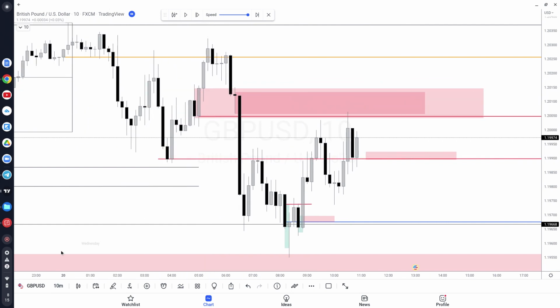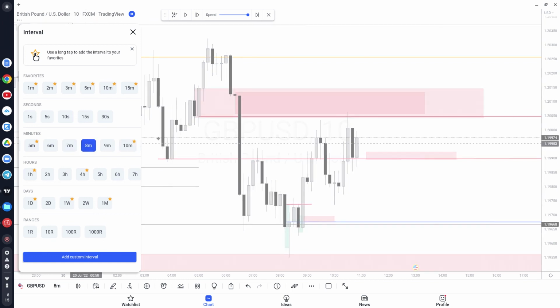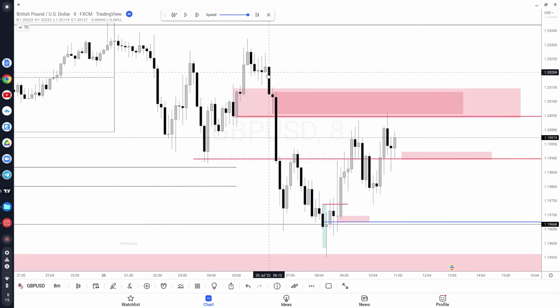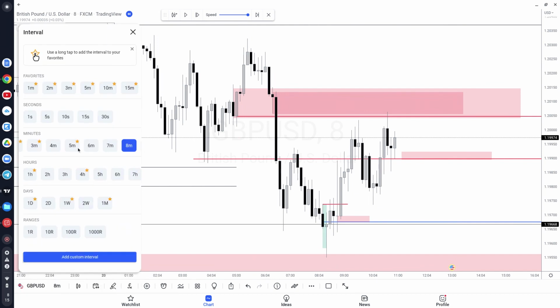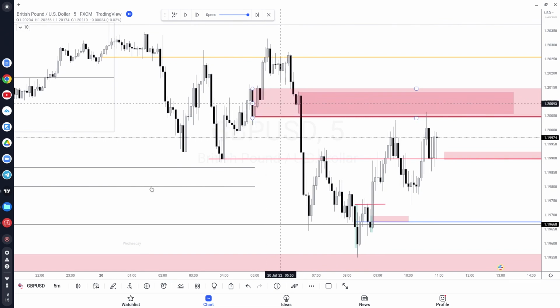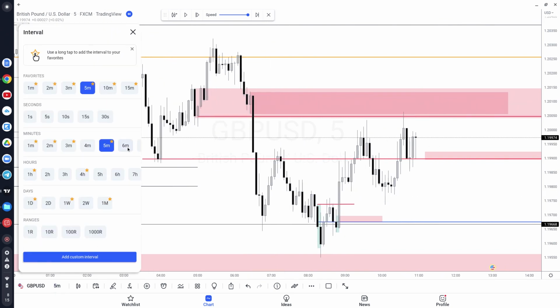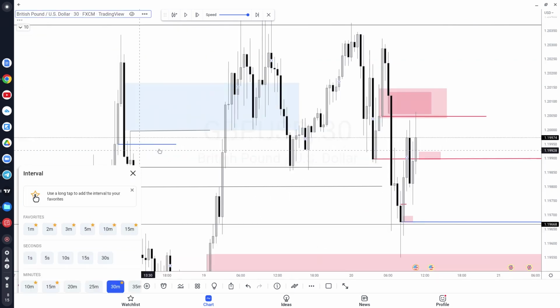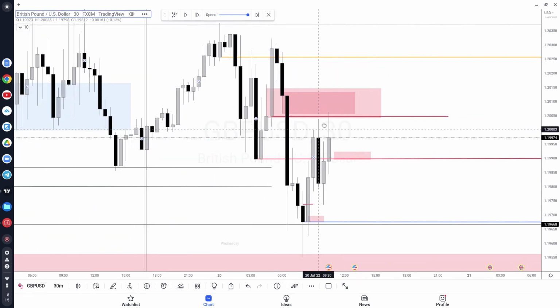Let me come and find the fair value gaps. All right, you have a fair value gap here, so you can draw it from here. But it was one time frame where it's perfectly drawn. Let's come to 30. All right, so you could just say this whole thing is an order block, right?